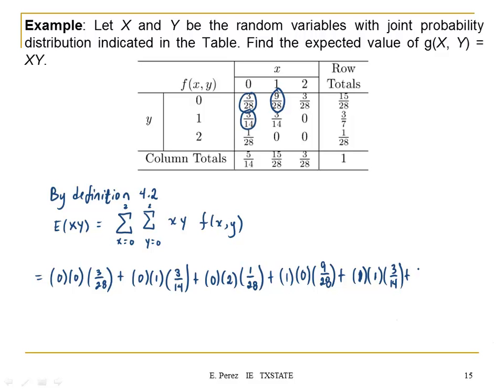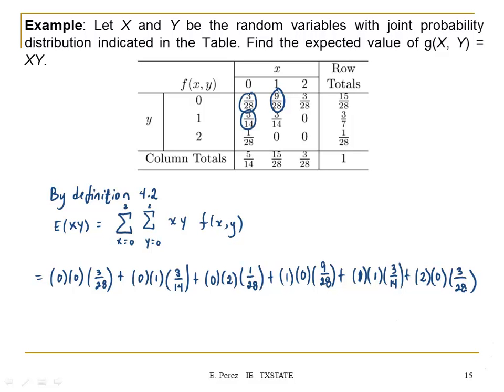We can consider the next value, but we know that the probability will be 0, so I'm not going to be adding that number. This probability is 0. So the only number that is left is this one. The outcome for that one is x equals 2 and y equals 0 times 3/28.